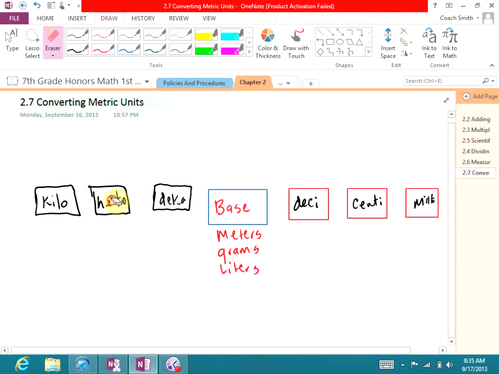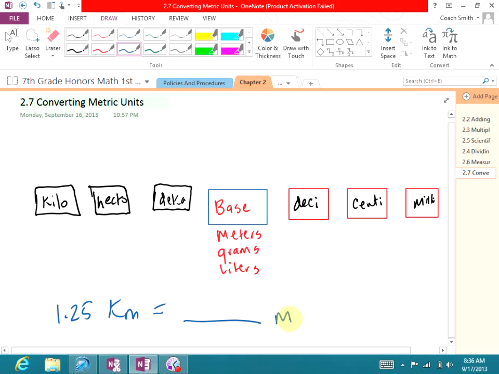Now, when you're transforming something, for example, let's say I'm going to take 1.25 kilometers, and they want to know how much that equals in meters.